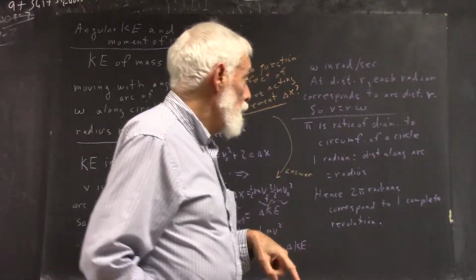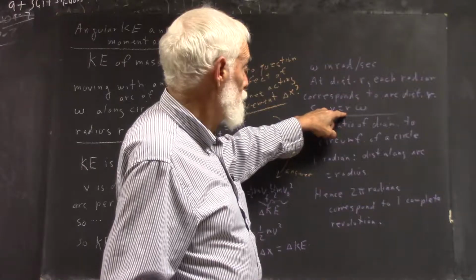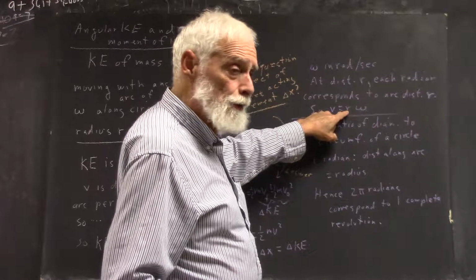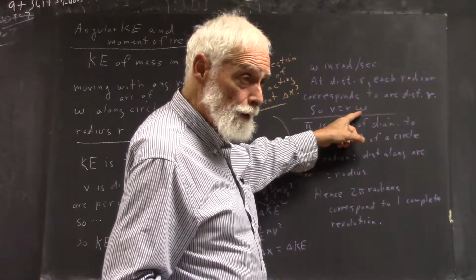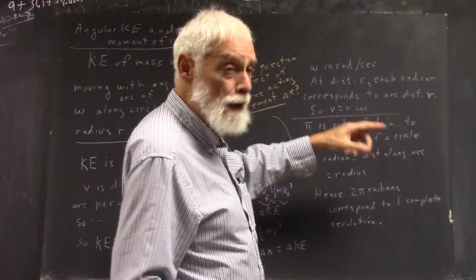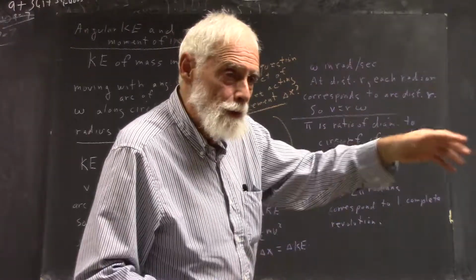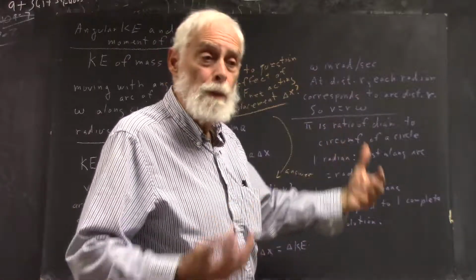Well, if we multiply r, the distance we are from the axis, by how many radians we go through in a second, we'll get how much distance we go through in a second. Because the distance along the arc is equal to the radius times the number of radians.